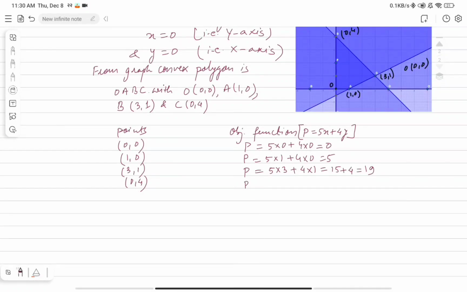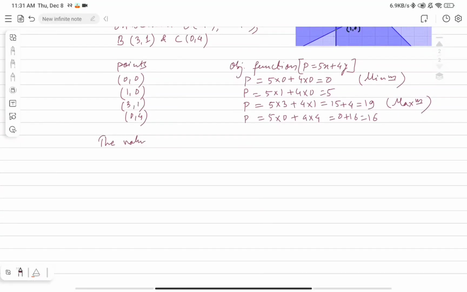And for the fourth point, the value of the objective function is 16. Here we see that the maximum value is 19 at (3, 1), and the minimum value is 0 at (0, 0). This is how we find the maximum and minimum value of the objective function under the given constraints. So this is how we optimize the given objective function.